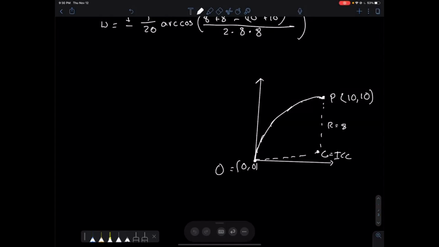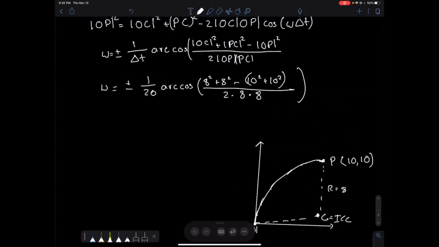So this distance between PC and OC must be equal because they are in a circle, and their value must be 8 because the problem told us they want a radius of 8, right? So then I guess I got a follow-up question.